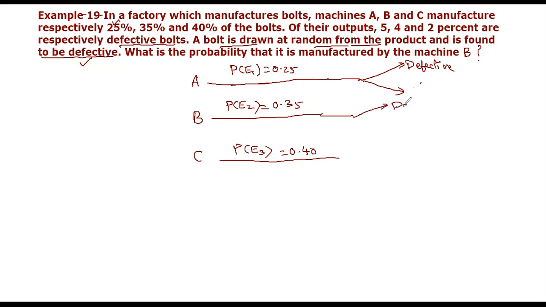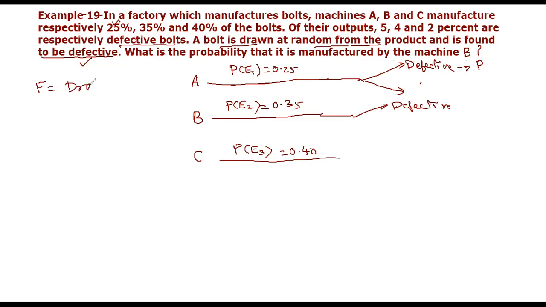How much defective? 5% for A, 4% for B. Because now the event has happened, we can choose F as the happened event: the drawn bolt is defective.